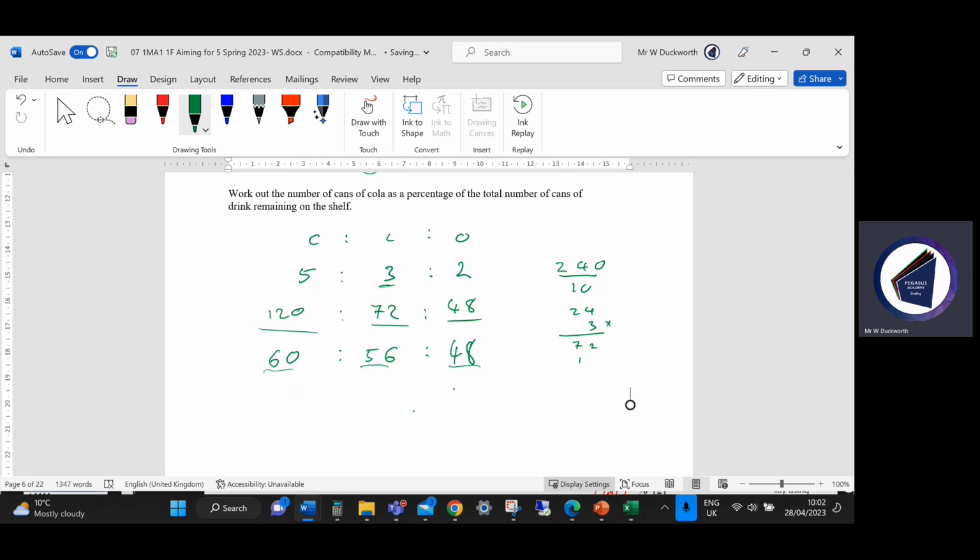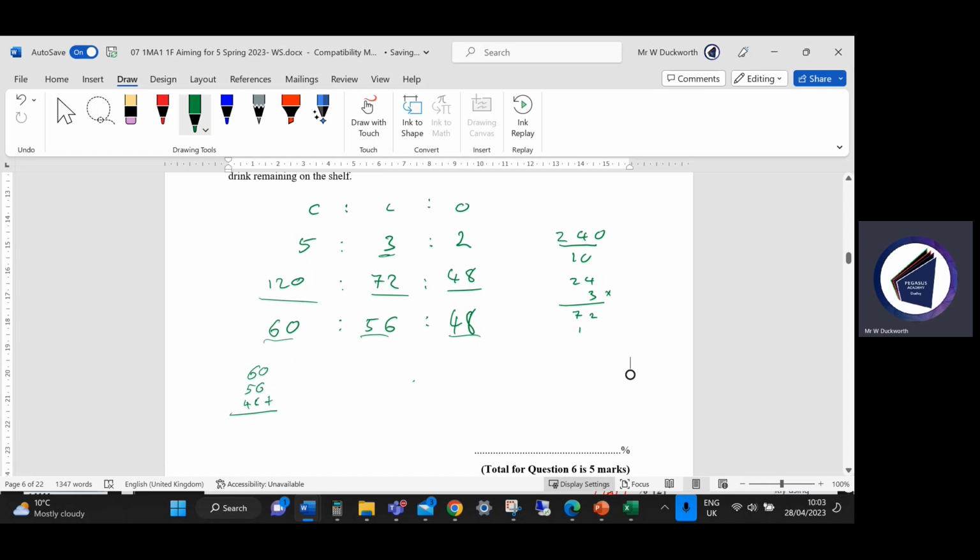We want to work out the total number of cans now. So in effect, that's going to be 60 plus 56 plus 48. So we've got a total of 8 plus 6 is 14, and then 10, 15, 16, 164.